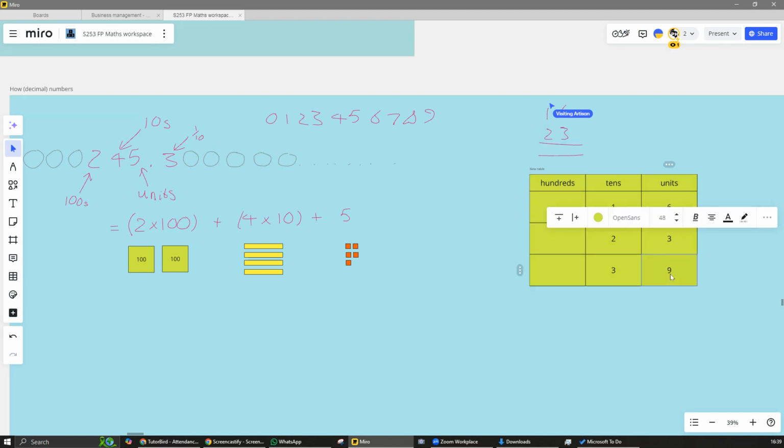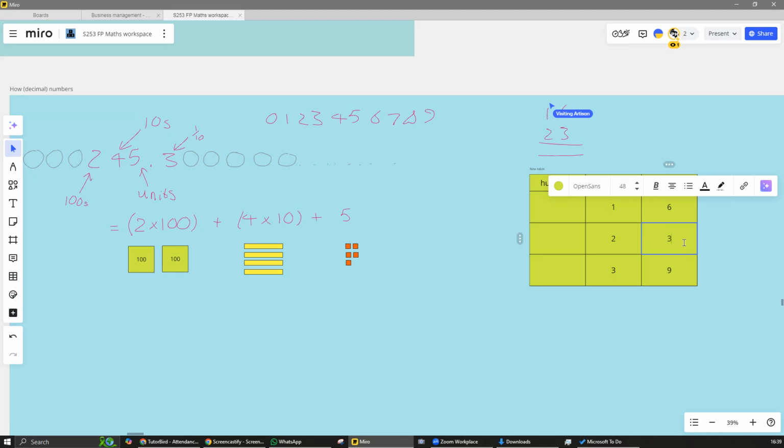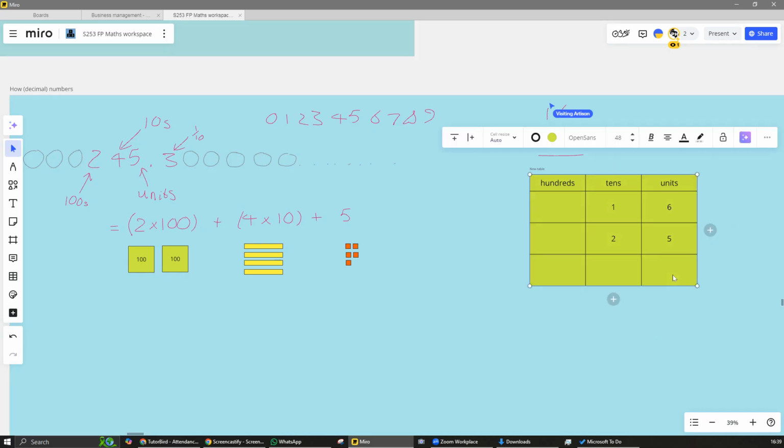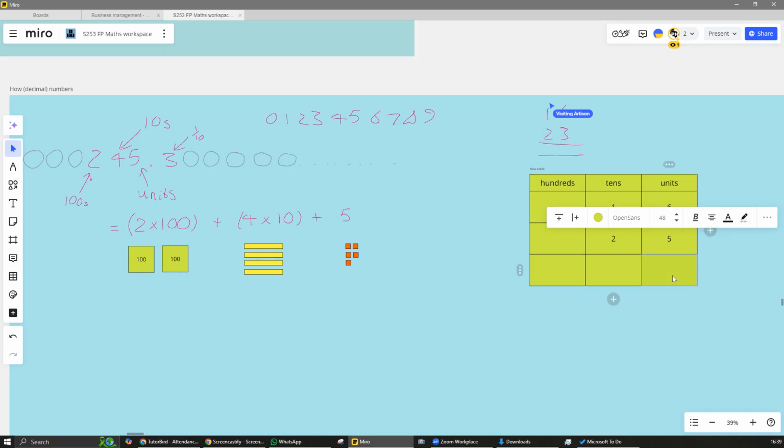Now it gets a bit more complicated, doesn't it, if the sum of the units gets larger than 10. If instead I had to add 25 to it, the problem we've got here is that in the units column we're going to get 11, but we can't put 11 because we're only allowed to put one digit in this unit space.